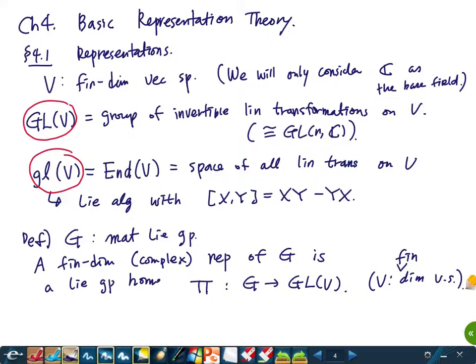And what about a representation of a Lie algebra? It's the same. G is a Lie algebra.